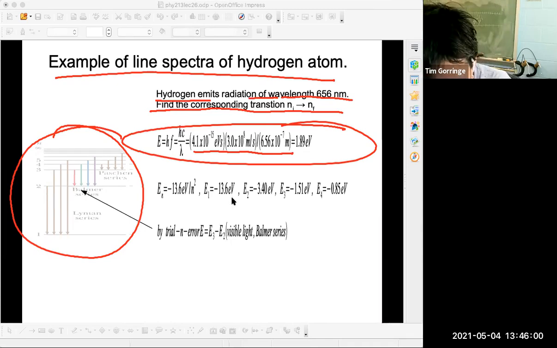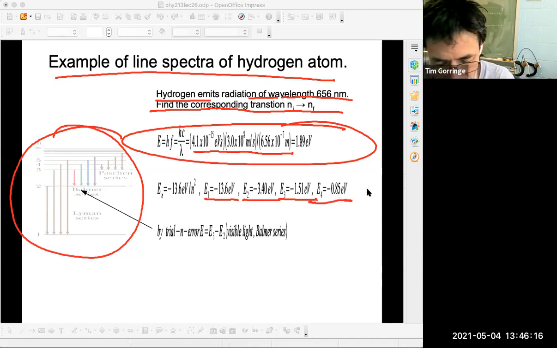As a reminder, the ground state is minus 13.6 electron volts. The first excited state is minus 3.4 electron volts. The second excited state is minus 1.51 electron volts. The third one is minus 0.85 electron volts. What you can do is look for a difference of 1.89 electron volts.